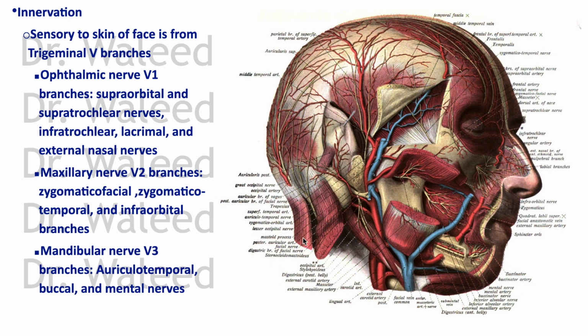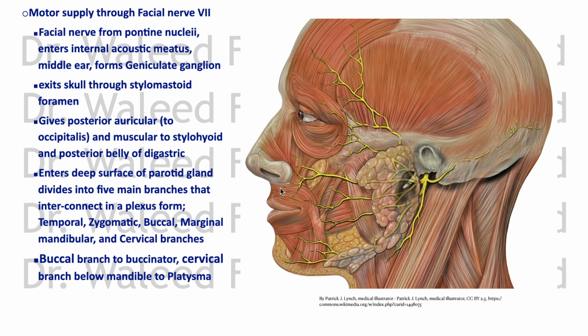Okay, what else? Motor supply of the muscles of the face. We said the dominant nerve, of course, is the facial nerve. The facial nerve has a long story inside the cranial cavity. It arises from its pontine nuclei and goes into the internal acoustic meatus as two nerves, actually, the facial nerve proper and the nervus intermedius part.